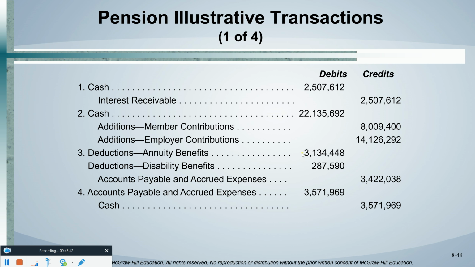So those would be the deductions for the annuity or the disability benefits, excuse me. Journal entry 4, we're paying the accounts payable that we recorded in journal entry 3, and then some more, of course. No big deal there.